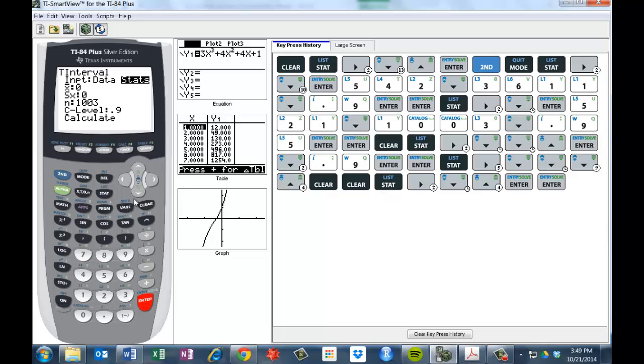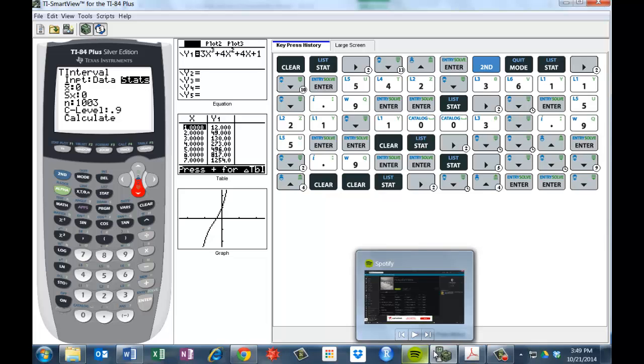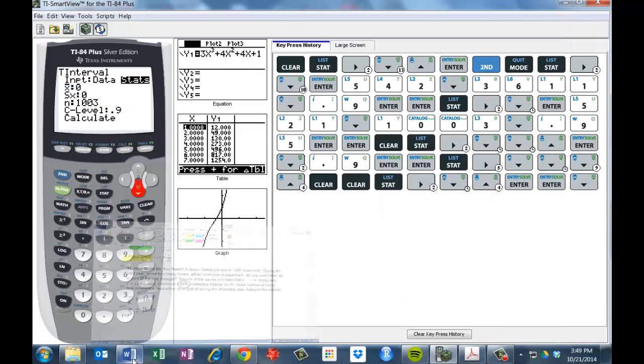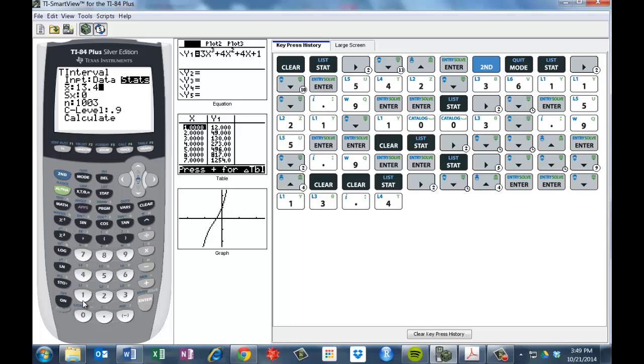And then arrow down. X bar was 13.4. Standard deviation 16.6.